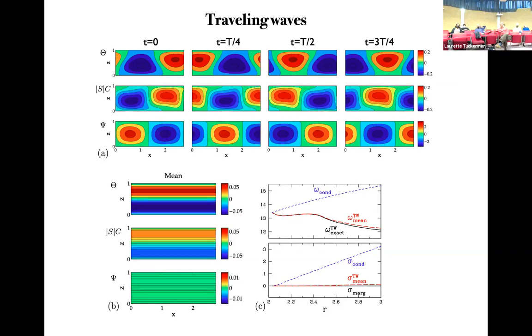And now you see, lo and behold, this is omega, the frequency, and sigma, the growth rate, of linearizing about the mean flow. The exact frequency, the one you just saw in the movie, matches the omega that comes out of the linearization eigenvalue problem about the mean flow.